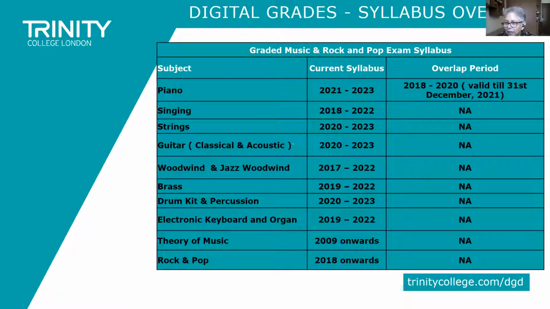But if you're going to do it after 31st December, you need to prepare the technical exercises from the new syllabus. You cannot use the exercises from the old syllabus. So that is the only difference in the piano. You can continue doing all those old pieces that you were doing from the 18 to 20 syllabus.